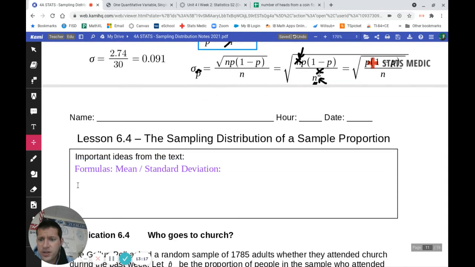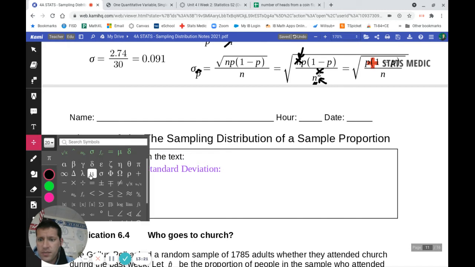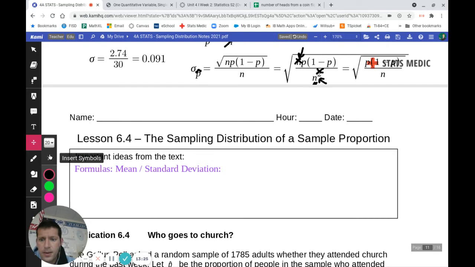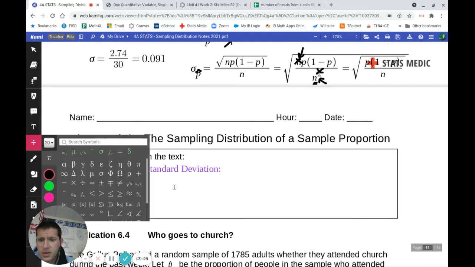Never mind, can't duplicate it. So we're going to type my mean formula: mean, subscript p hat, should equal p.